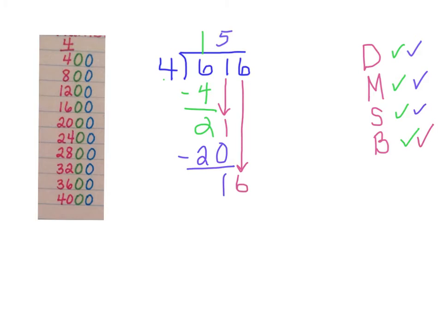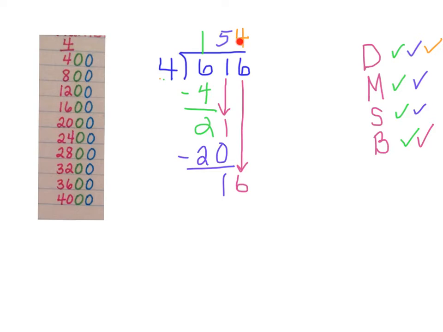Then I start the process again. I take this 16, divide it by 4. I know that 16 is friendly for 4 because it is the 4th multiple. So I'm going to write 4 up above because 16 divided by 4 is 4. That's the dividing part.